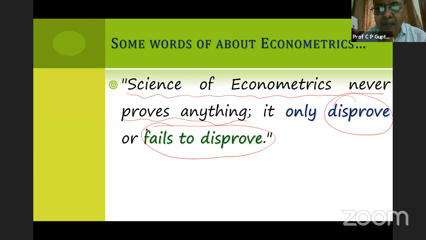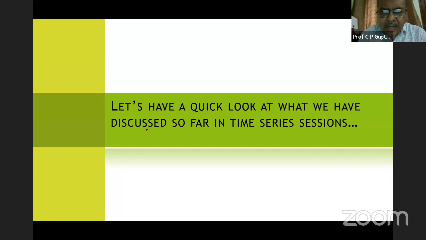In fact, somebody has rightly said, econometrics brings theory to the ground. That means whatever theories are being developed, those theories have been tested and put forward before the people and before the public.